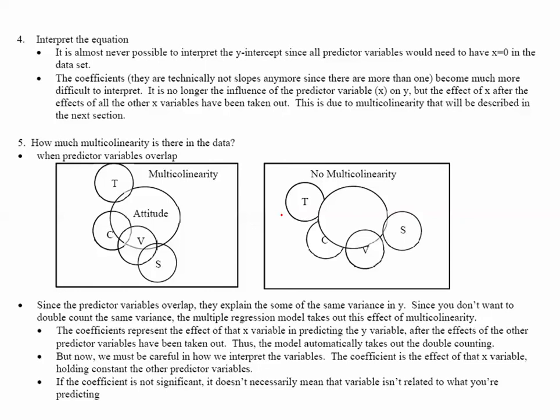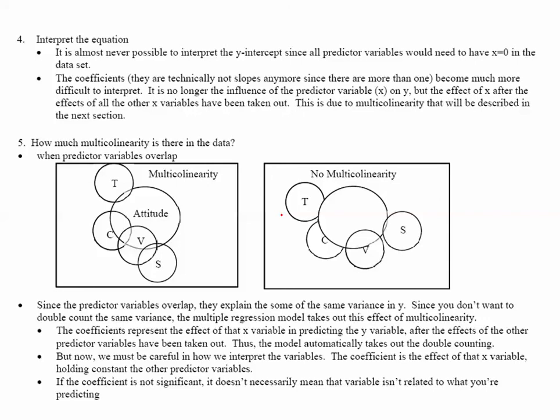Now let's interpret this equation. When we look at a simple linear regression, it's fairly easy to just say that there is a direct or indirect relationship. Now we have to start thinking about these things as interactive relationships, because asking a person how they think about the convenience is very similar to asking how they feel about the variety. So it's almost never possible to interpret the y-intercept simply as a predictive variable.